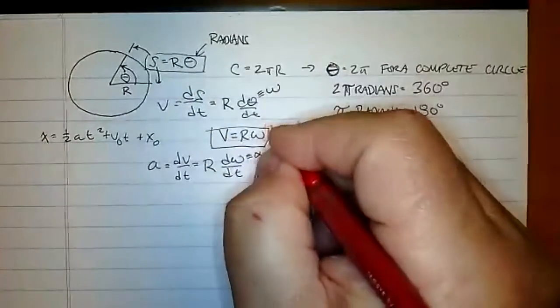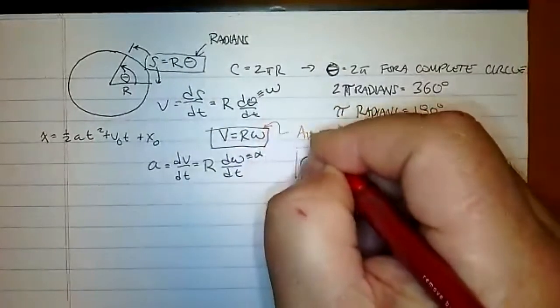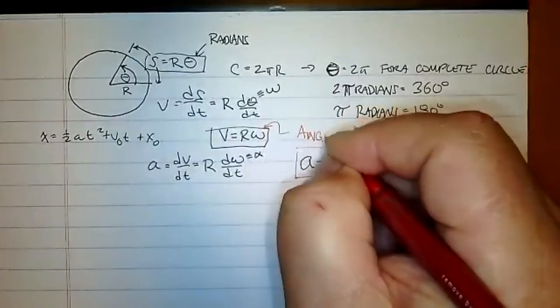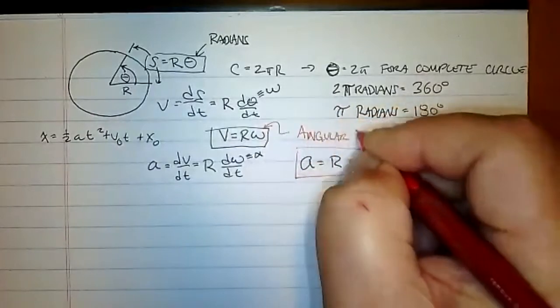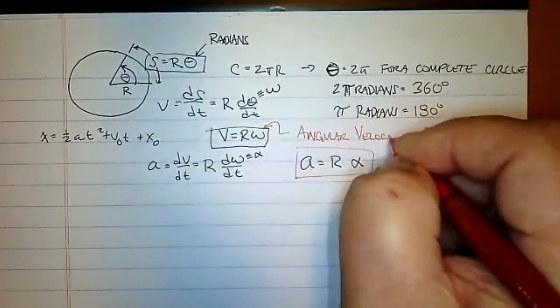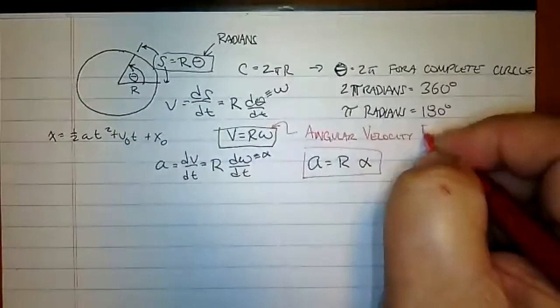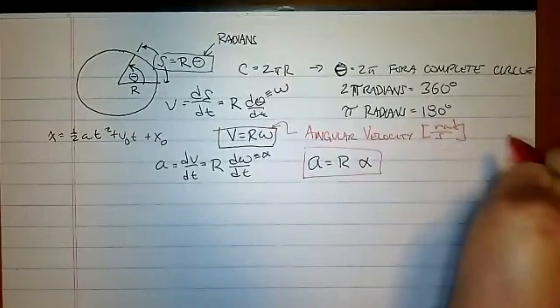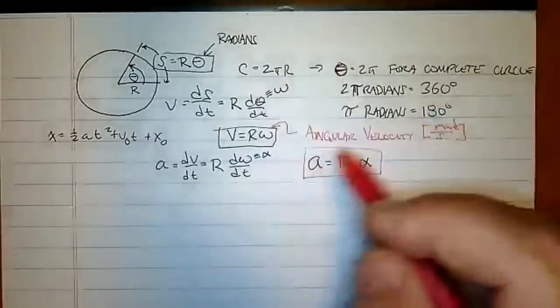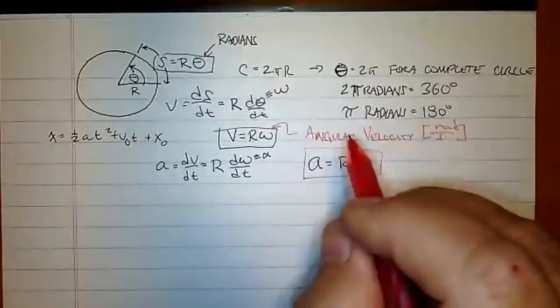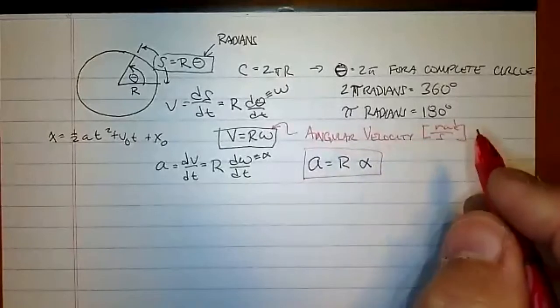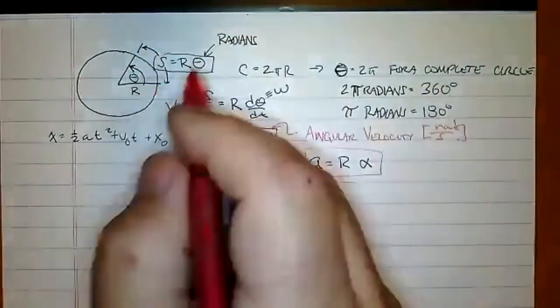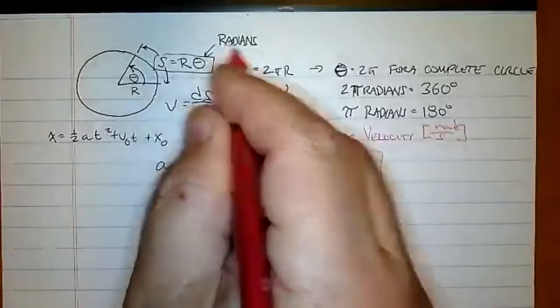So this is called the angular velocity. The one unit that always works is radians per second. There's a lot of times in these equations where we can use other units, but angular velocity in radians per second always works. This has to be in radians as well.